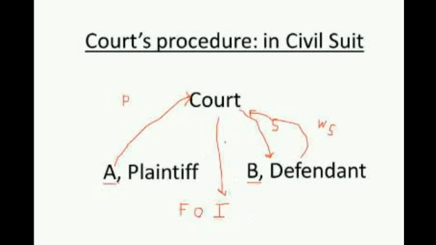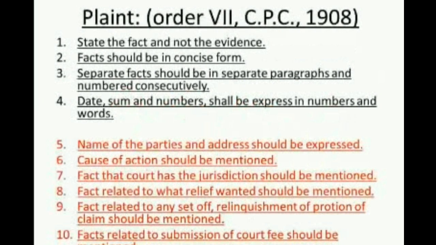So here we will discuss in this video the plaint and written statement. Most of the time when you ask any person about plaint and written statement, you will get an answer that it is tough, it is hard, and without experience any person cannot do it.